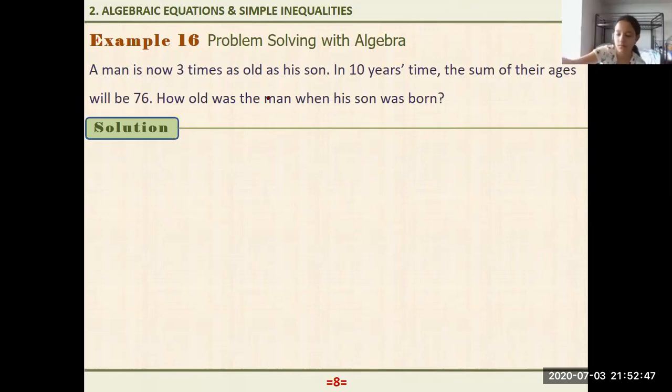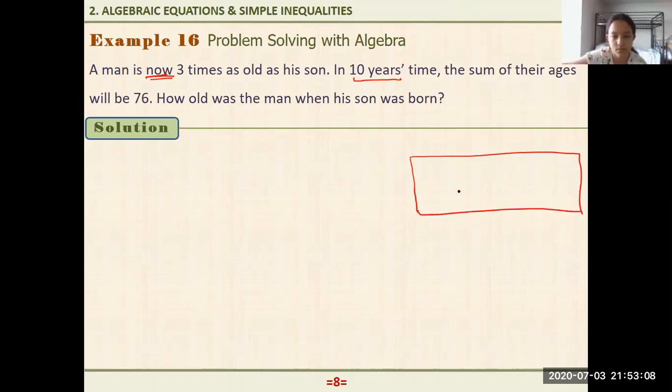Because here we are talking about two different times, right? Number one is now, and the second one is 10 years' time, which is future time. So let's make a table.